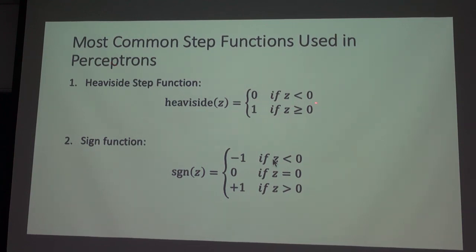If z is smaller than 0, it's 0. If z is greater than or equal to 0, it's 1. It's a very simple step function, either 0 or 1. Or we can use the sign function. If z is smaller than 0, it's negative 1. If z is 0, it's 0. If z is greater than 0, it's plus 1. Either one of these two.